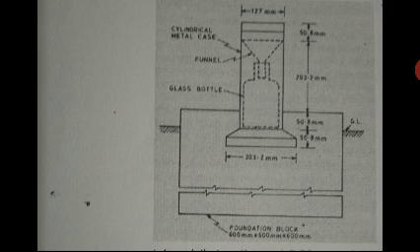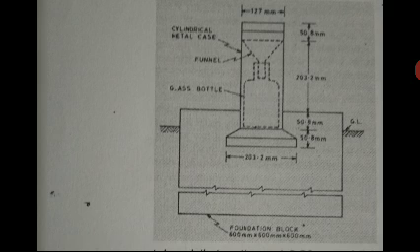As per the IS standards, IS 4987 of 1968 provides detailed specifications for establishing a network of rain gauge stations.